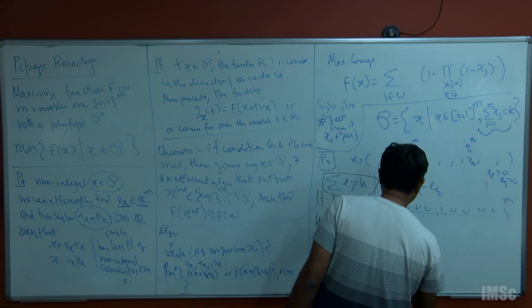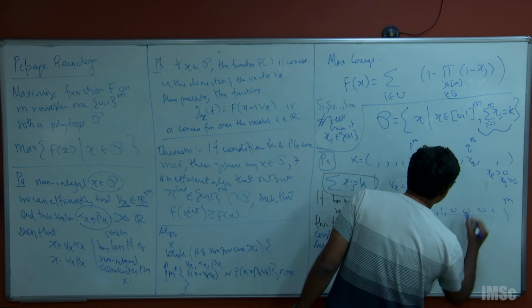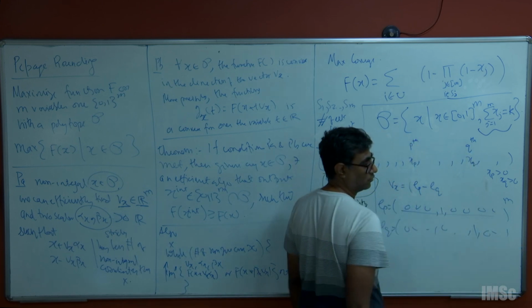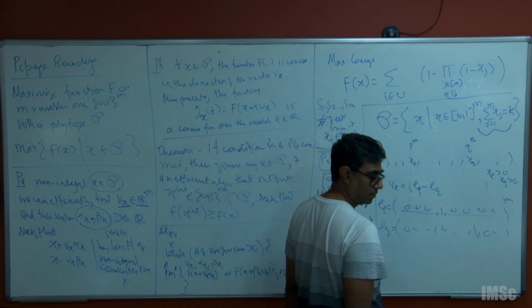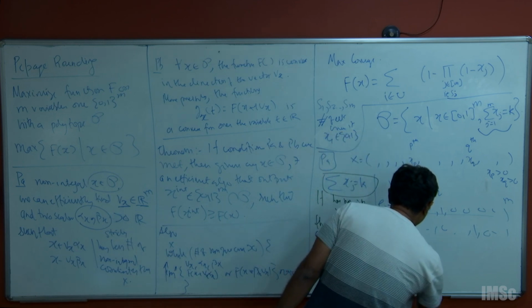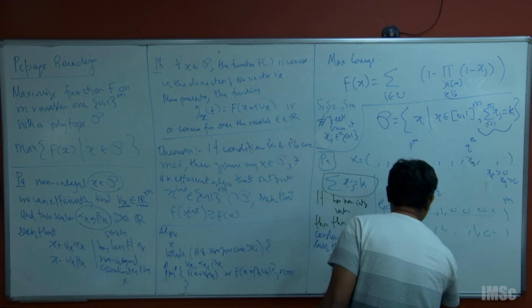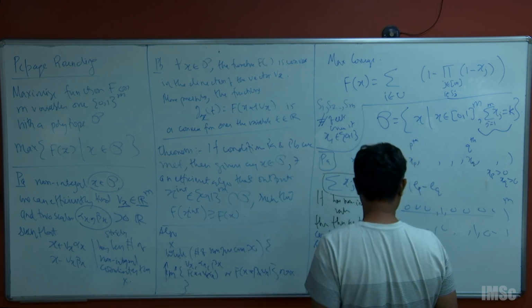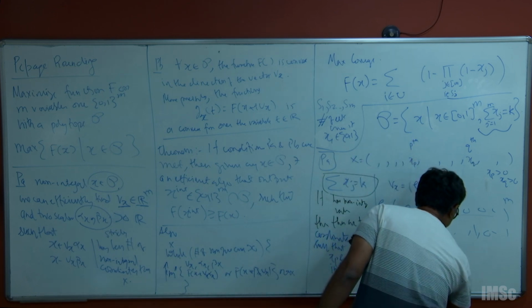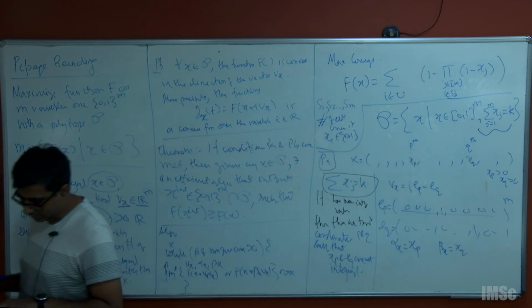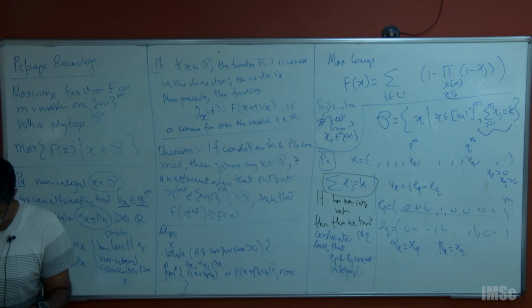What is EQ? It is 0 everywhere except at the qth coordinate, where it is 1. So Vx is EP minus EQ. Is that fine? Now alpha x is xp, beta x is xq. Now let's see if these satisfy all three properties.